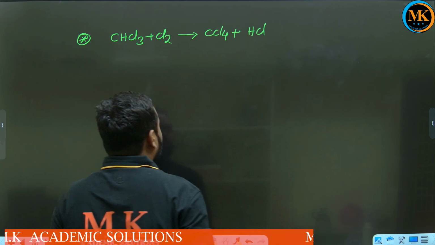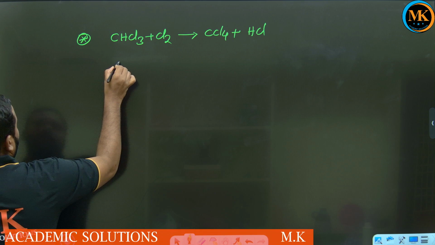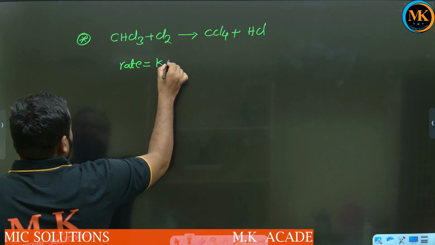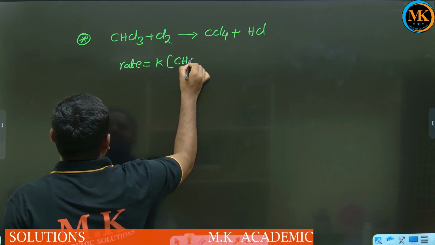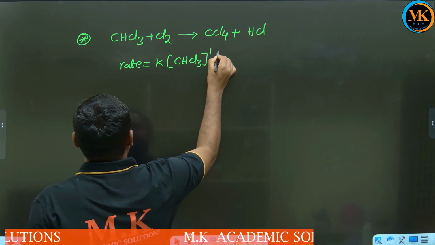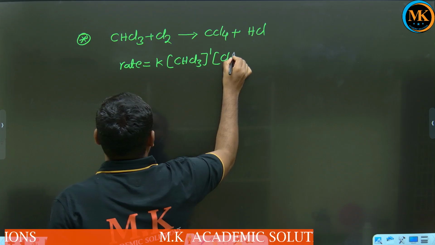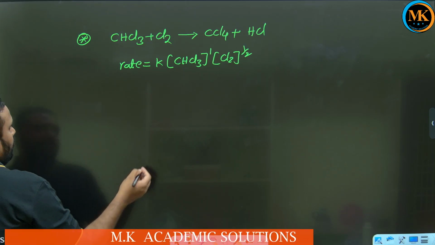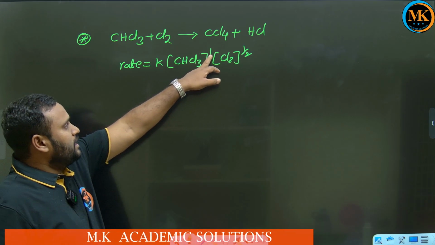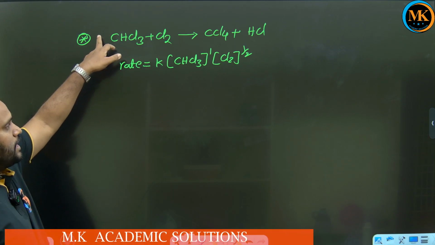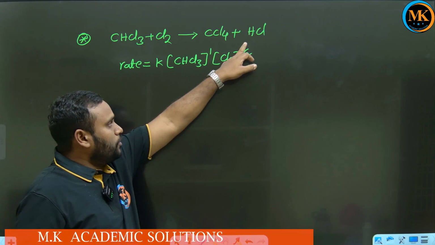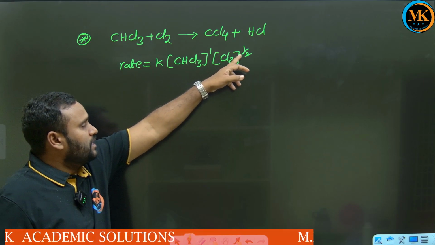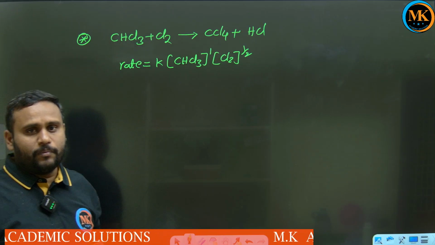Consider this reaction. For this reaction, rate equal to K into CHCl3 power 1 and Cl2 power 1 by 2. When you observe very carefully, CHCl3 power 1 is the stoichiometric coefficient, but for Cl2 the power is 1 by 2, while the stoichiometric coefficient is 1. So here 1 by 2 is not equal to the stoichiometric coefficient.